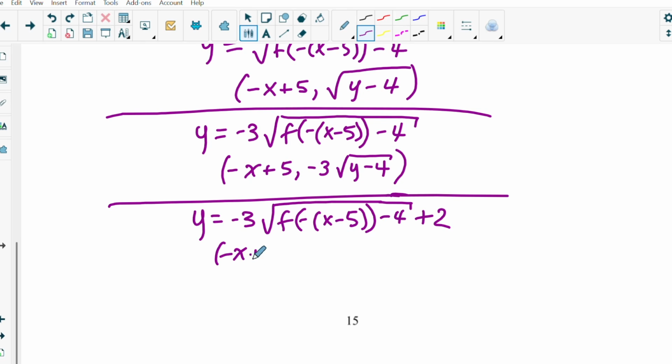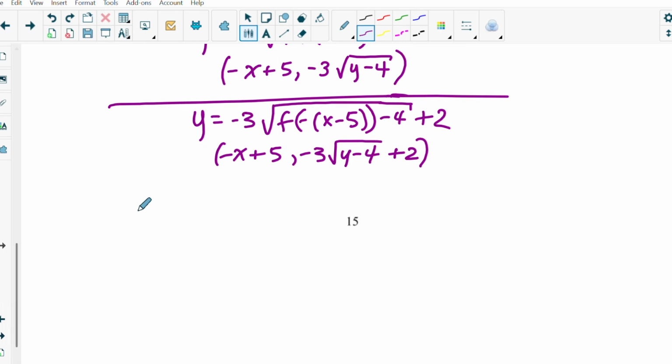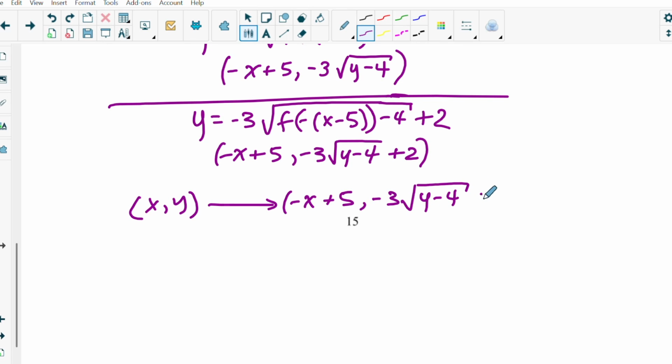That's negative x plus 5, comma, negative 3 square root of y minus 4, and then plus 2. Okay, so what does my mapping look like? It goes from x, y to negative x plus 5, negative 3 square root of y minus 4, plus 2.